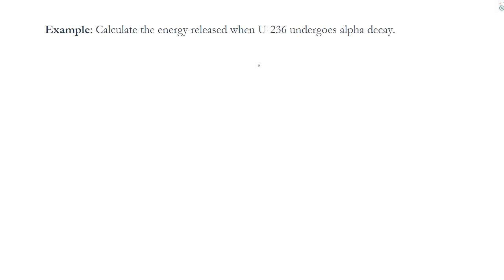So a couple things. The notation tells you the mass number. So we're talking about uranium-236, and it has 92 protons. It undergoes alpha decay, which means it's going to spit out an alpha particle, which you can symbolize with He-4-2. You can also use the alpha symbol if you like.